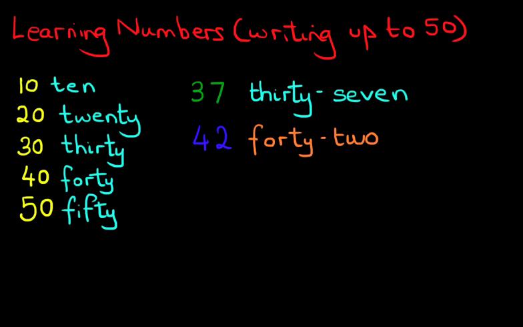Now let's take another example. This time we're going to write it in words, and then we're going to work out what the number is. Okay, the first one is, I'm not going to say it, I'm just going to write it down, and I want you to read it.